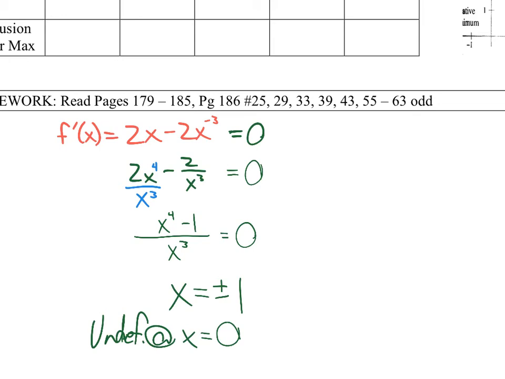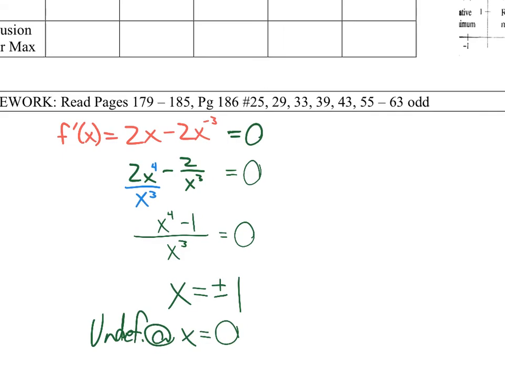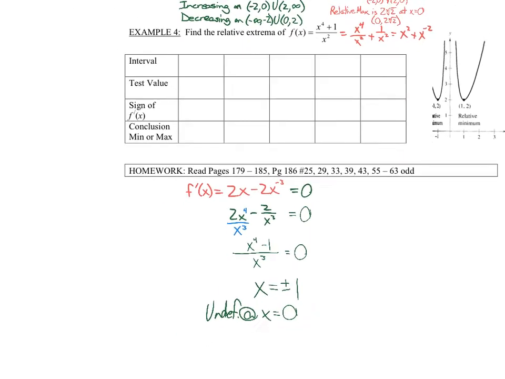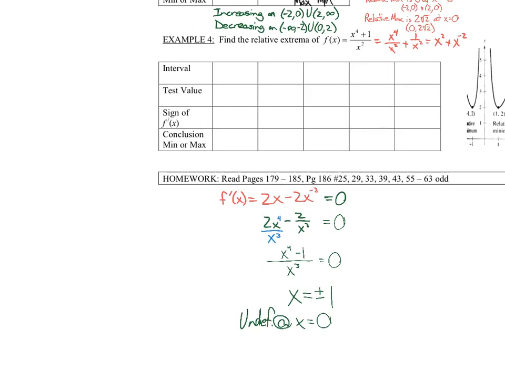Now, one thing we should note, and this we haven't run into yet: in the original function, 0 was not in the domain either, and it's not removable, like we couldn't reduce it and get rid of it. So at 0 we have an asymptote.